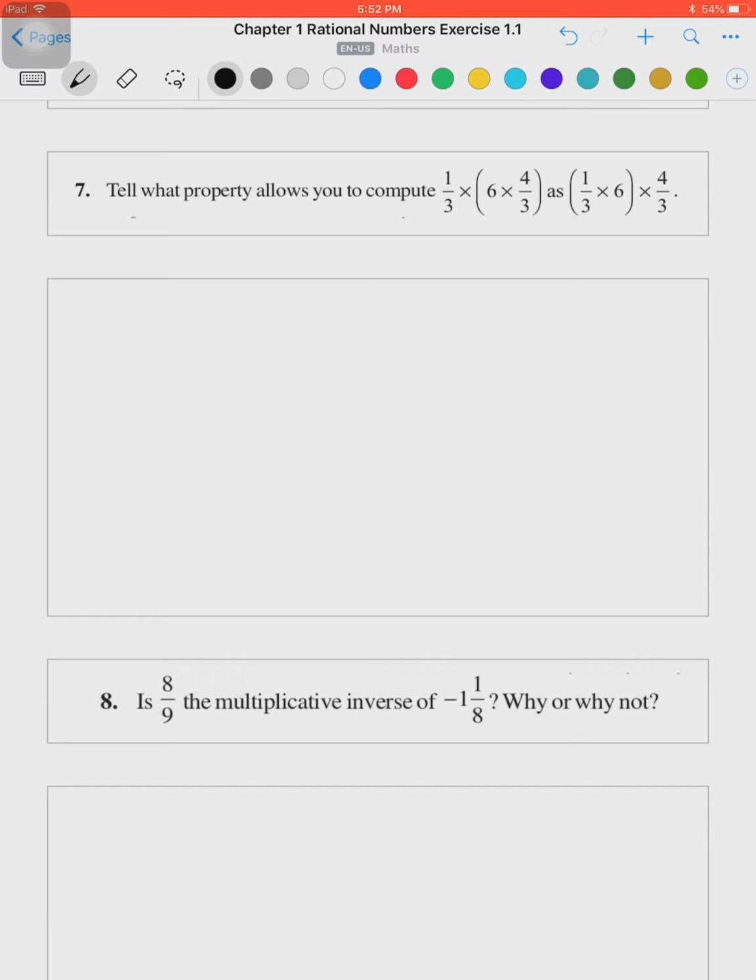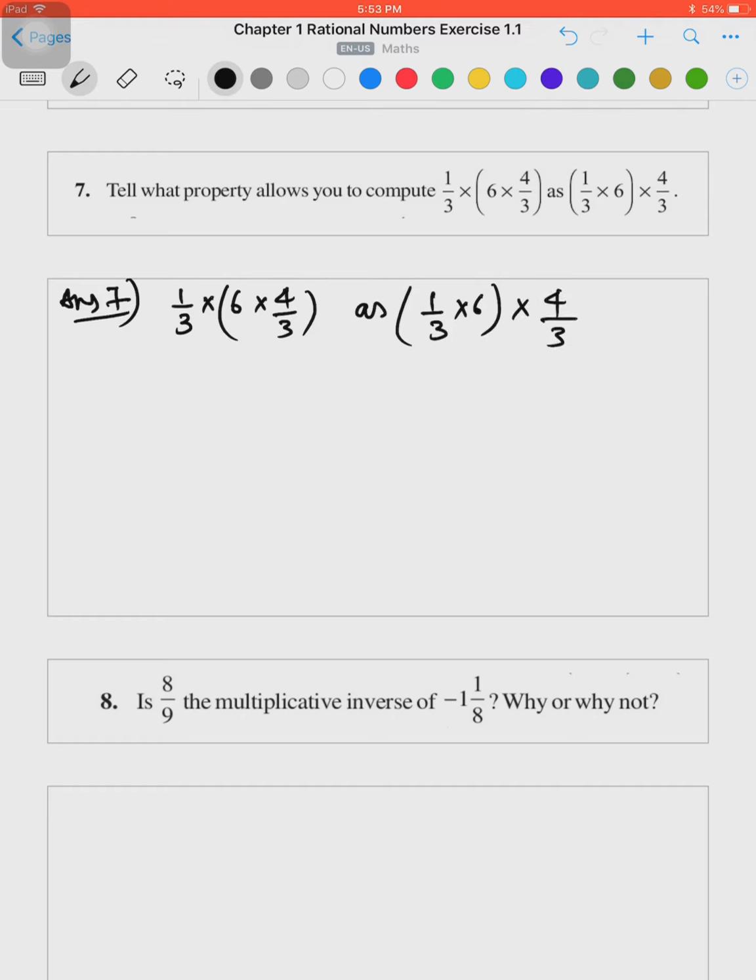Seventh question. You are asked to tell the property that allows you to compute these two numbers. The number given to us is minus 3 multiplied by 6 into 4 by 3 as 1 by 3 into 6 multiplied by 4 by 3.